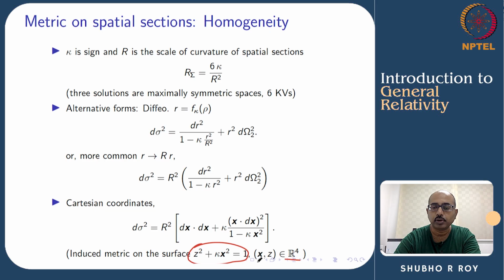Points on R4 are given by x and z. These are the 4 coordinates, and x vector is actually a 3-dimensional vector, x1, x2, x3. But in R4 we need 4, so in addition to x1, x2, x3, we also need a z.